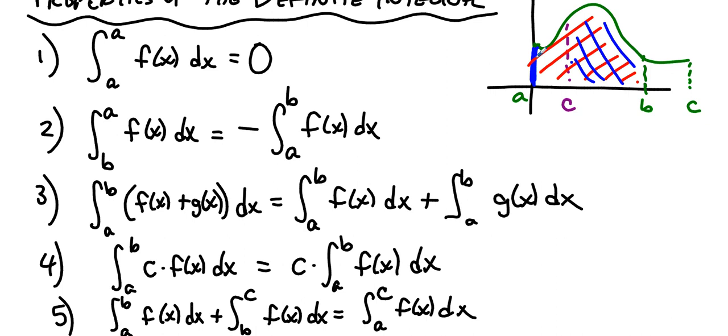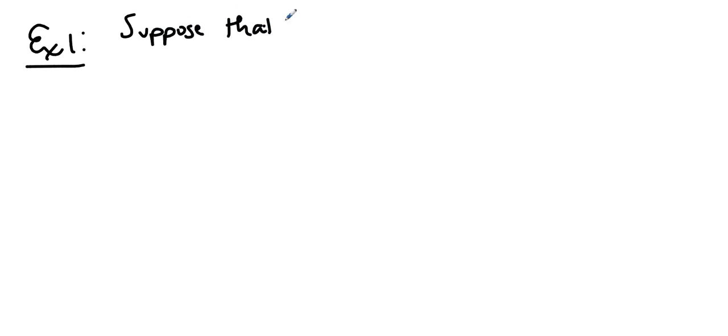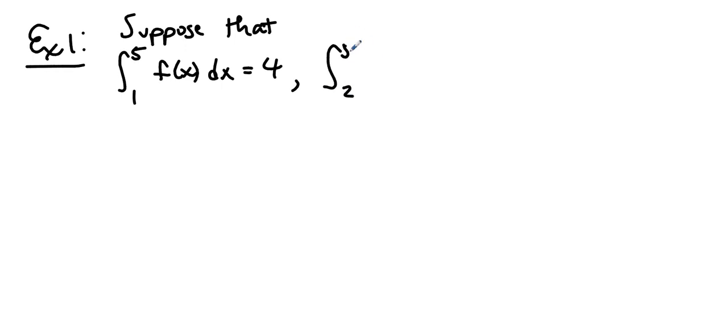Okay, so suppose that the integral from 1 to 5 of f of x dx is 4. The integral from 2 to 5 of f of x dx equals 1.